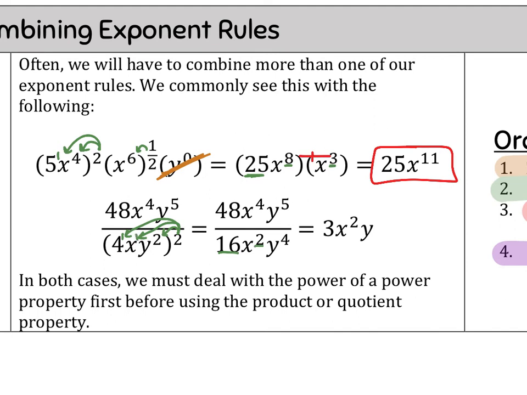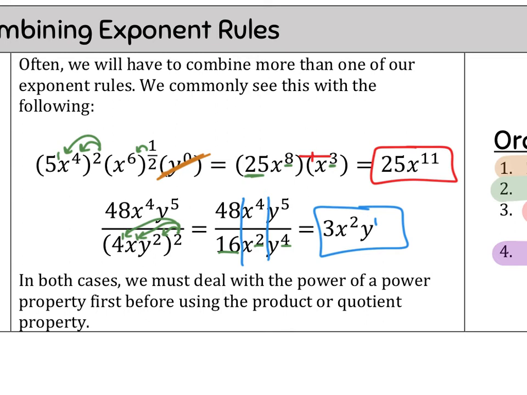That's where the 2 came from. And y squared raised to the second power is y to the 4th. After this, I just have a quotient rule problem. 48 divided by 16 is 3. x to the 4th divided by x squared is x squared. And y to the 5th divided by y to the 4th is y to the 1st power. Again, no negative exponent, so I don't have to clean anything up at the end.